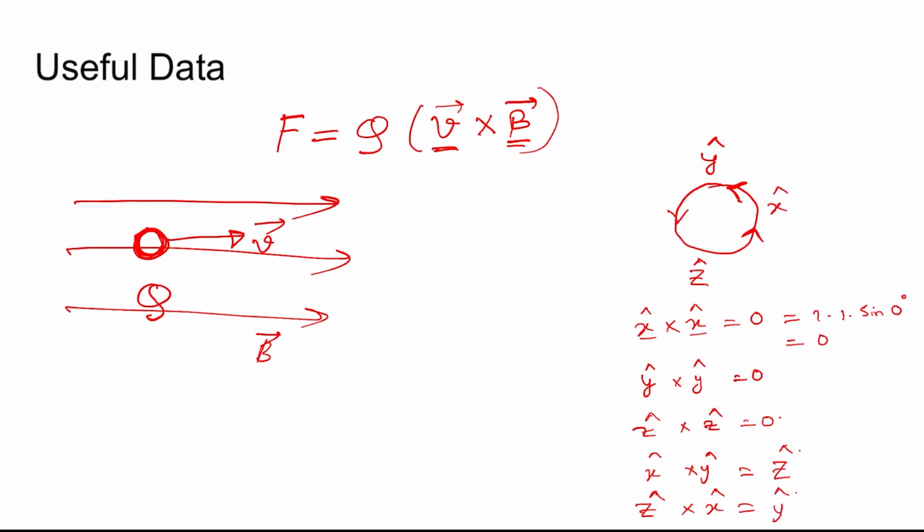But if someone asks you to calculate y cross x, then y first then x, so opposite direction, so a minus sign will come, after that write z hat. Likewise, if someone asks you to calculate x cross z, then the direction of arrow is first x then z, so opposite, so minus y hat. So this will be the information that we will need in order to solve this question.